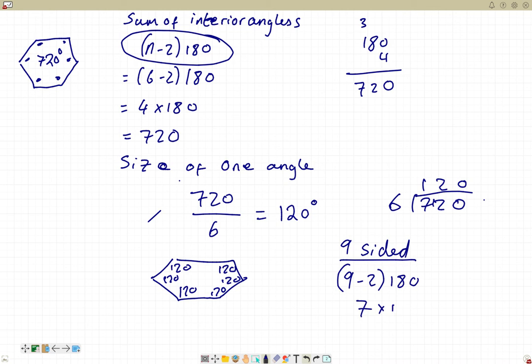So 7 times 180 is 1260. Okay, but I can't work out the size of one angle because the sizes of the angles and the sides are not the same, so I can't just divide it by 9.